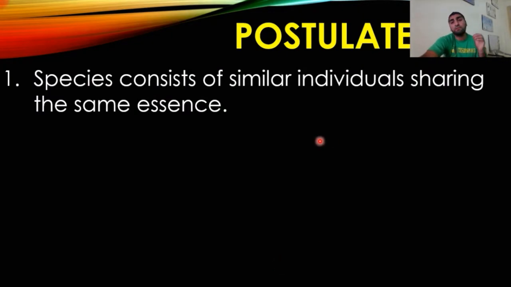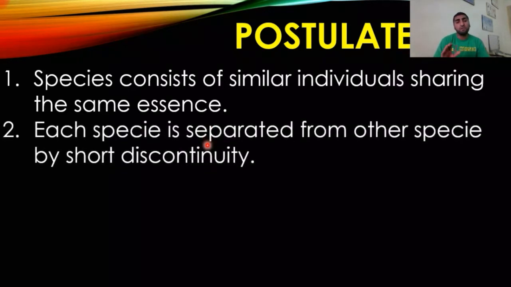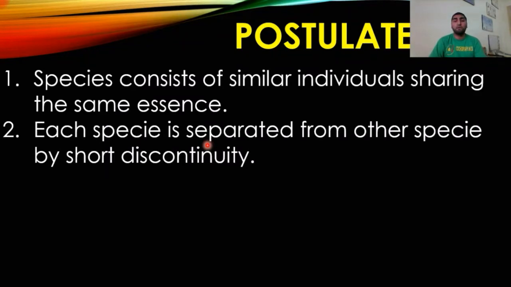Now the postulates of this concept were: number one, species consist of similar individuals sharing the same essence. Number two, each species is separated from another species by a short discontinuity, a very short gap.